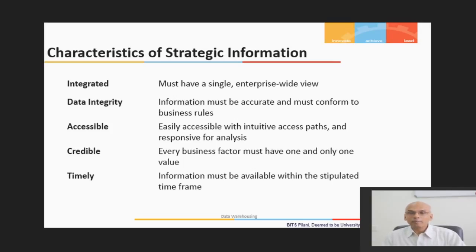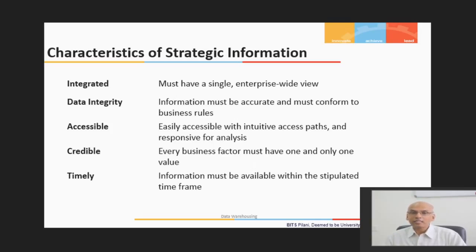And the information must be accurate, because any error in a strategic decision can be far more expensive than an error in the operational matters. And considering that the information is meant for decision makers and not for technical people, it should be easily accessible and should be intuitive.